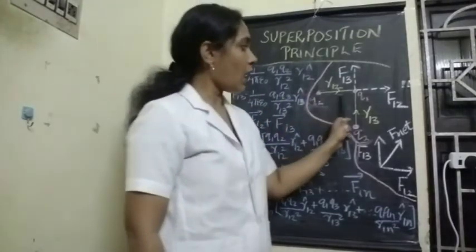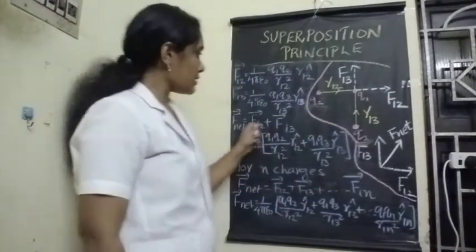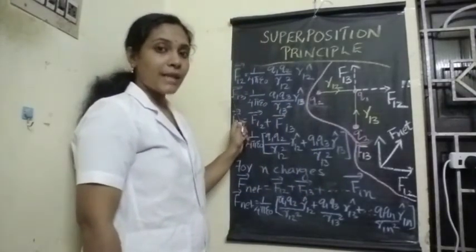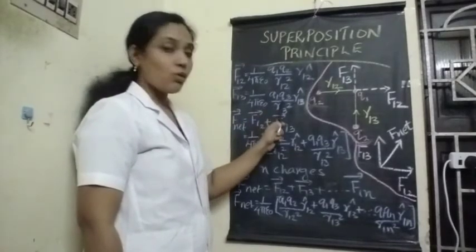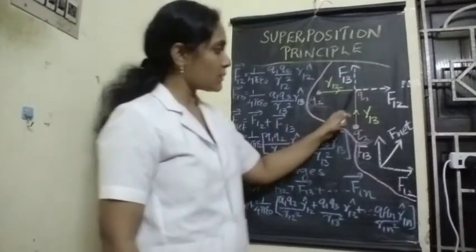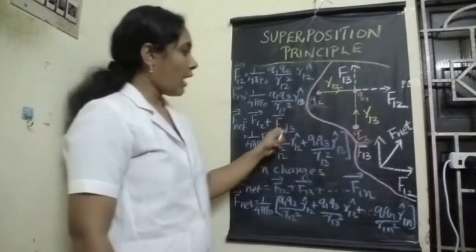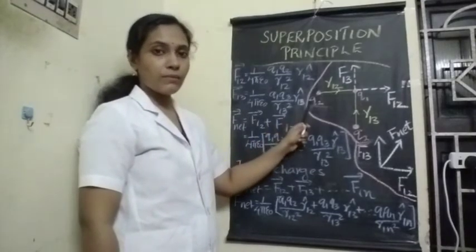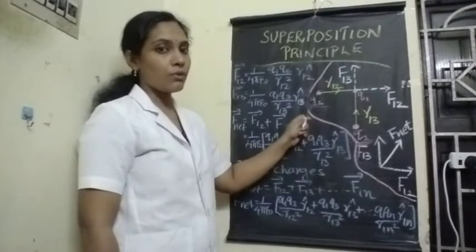This is R12, this distance. Next, force F13 is equal to 1 by 4 pi epsilon naught Q1 Q3 by R13 square, because the distance between Q1 and Q3 is R13, into the unit vector R13 cap. This unit vector shows the direction of force.